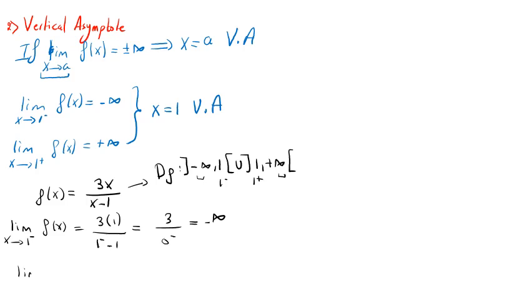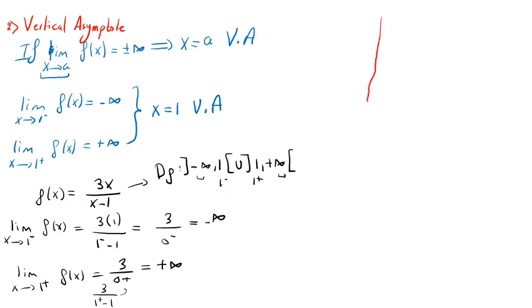And if we make limit as x tends to 1 plus of f of x, the answer will be 3 over 0 plus, which is plus infinity. Why? Because if we have 3 over 1 plus minus 1, what do we mean by 1 plus? It is a number greater than 1. It will give 0 plus, so the answer will be plus infinity.